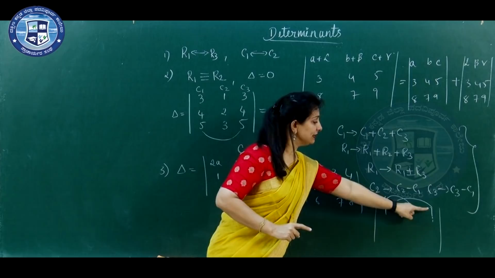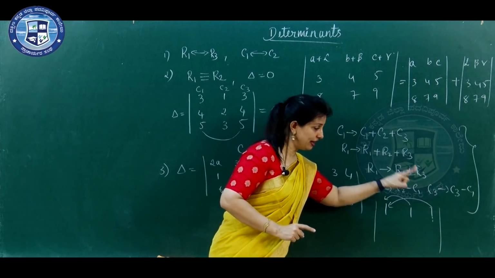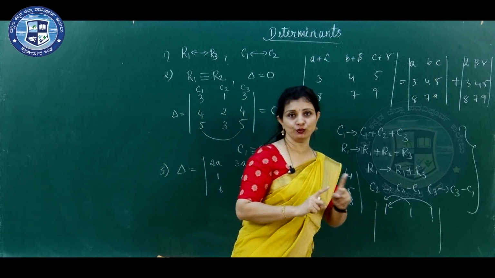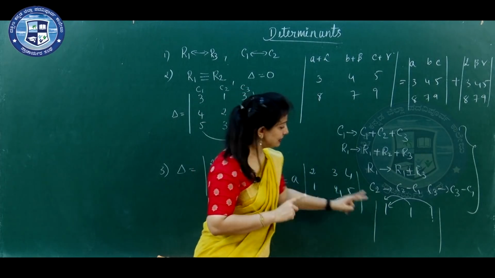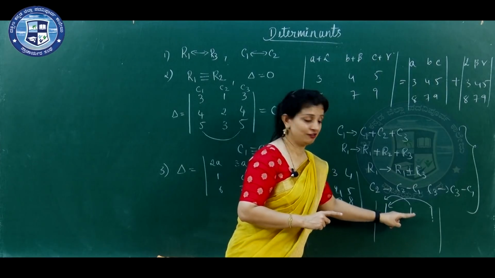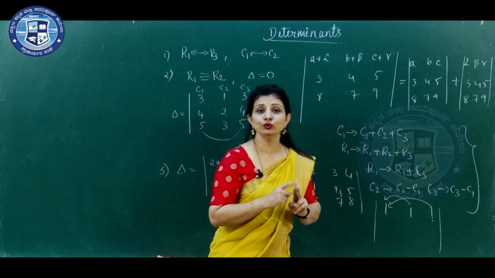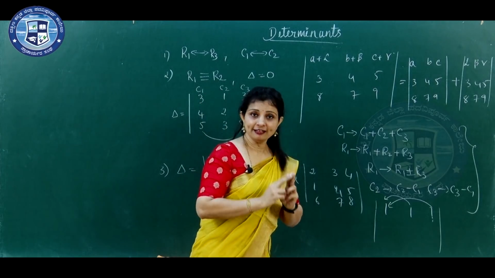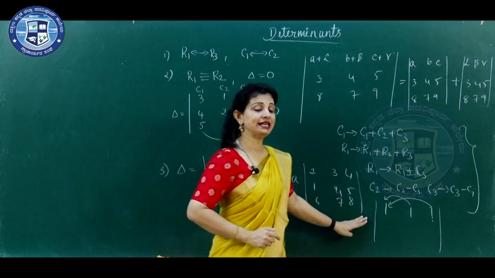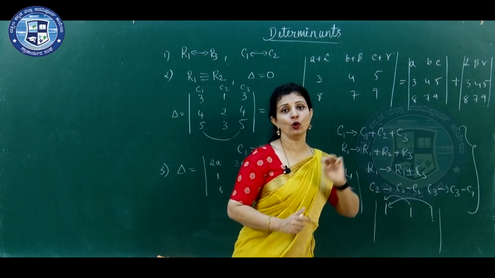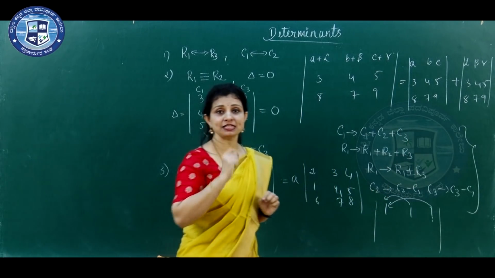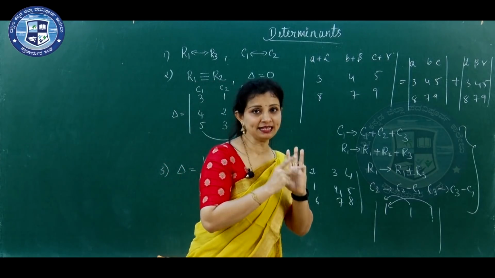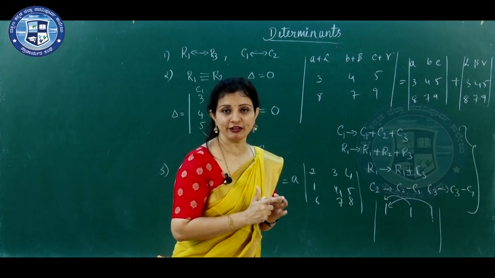So that you make each element of a row equal to 1 or each element of any column equal to 1. And the second one, get maximum zeros while subtracting the 2 rows or 2 columns, 2 zeros if you observe. Third one, expand the determinant using that particular row or column which has maximum zeros. So, you will get the RHS. So, these 3 tips you remember before solving the problems.